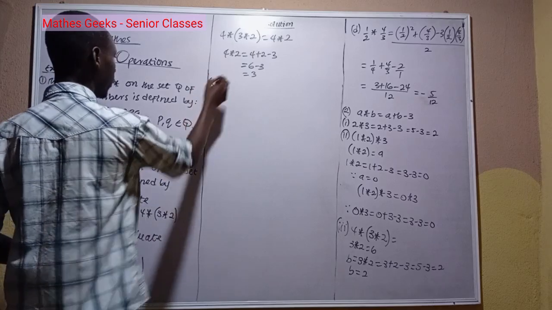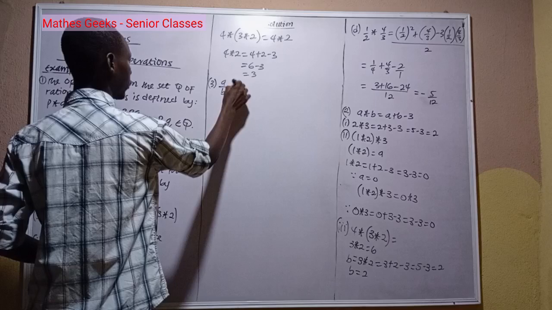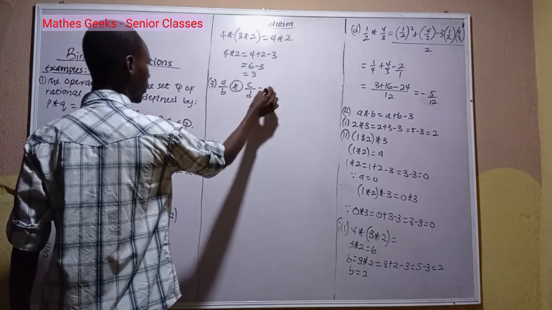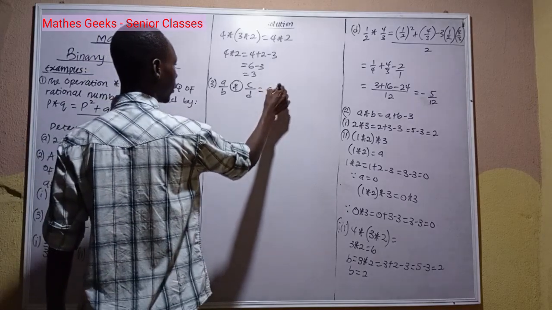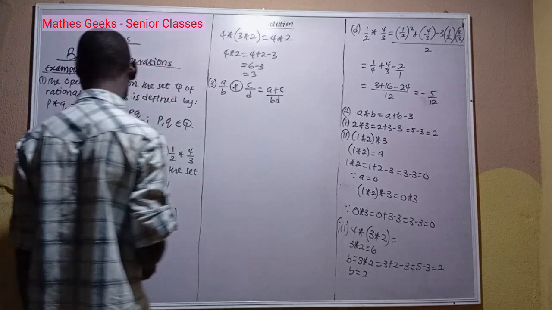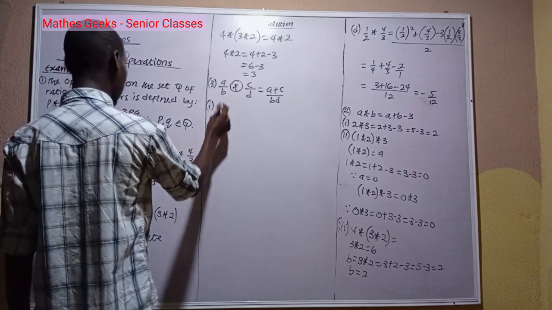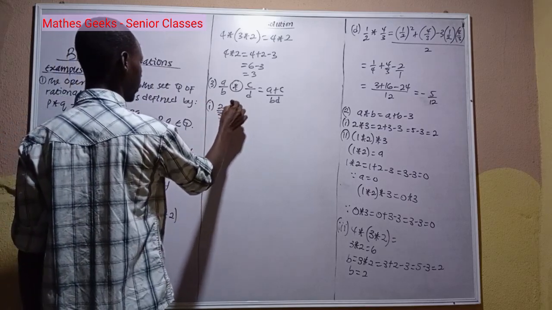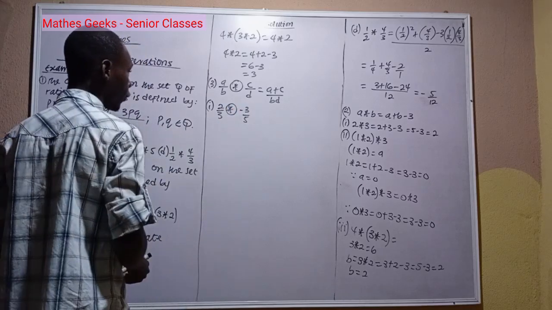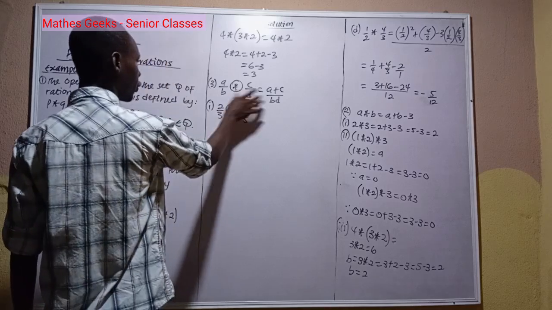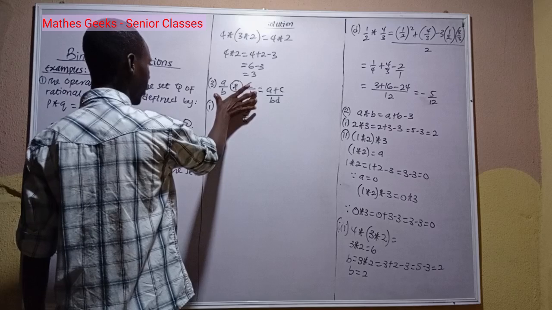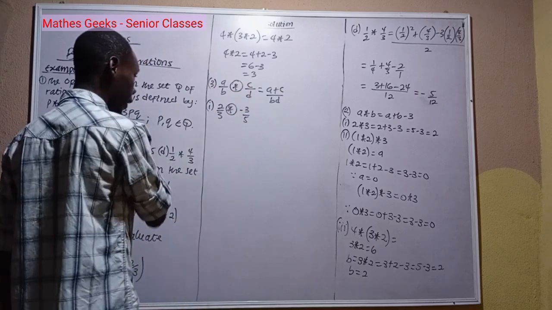Number 3. If A over B operation C over D is equal to A plus C over B times D, evaluate 2 over 3 operation minus 3 over 5. So we've been given the rule of combination here, which is the formula. There is a rule of combination of these two elements of a given set.